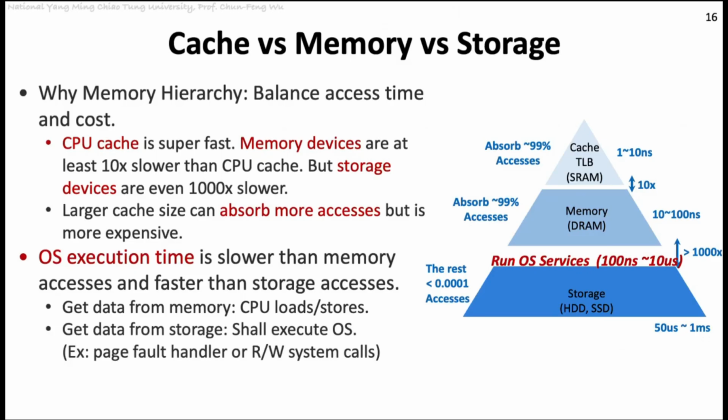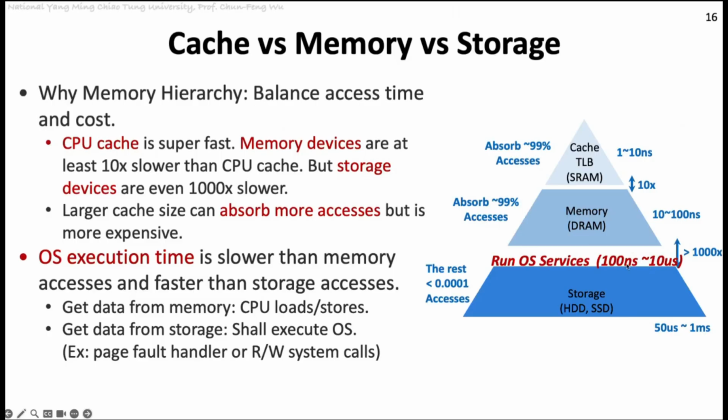But if the CPU needs to get data from storage, the story is a little different, because the storage device is super slow, so there is some room for the operating system to do something. For example, if the CPU doesn't want to wait too long, it can run a context switch, which is kernel code. It takes some overhead, around 1 microsecond.